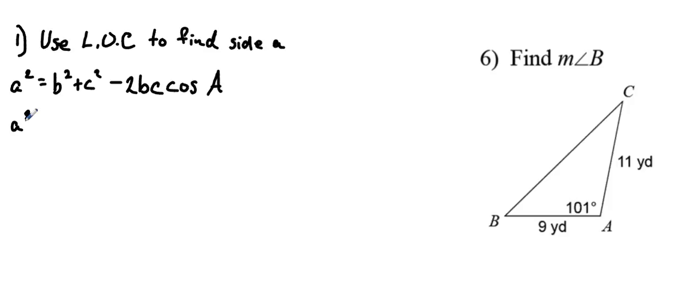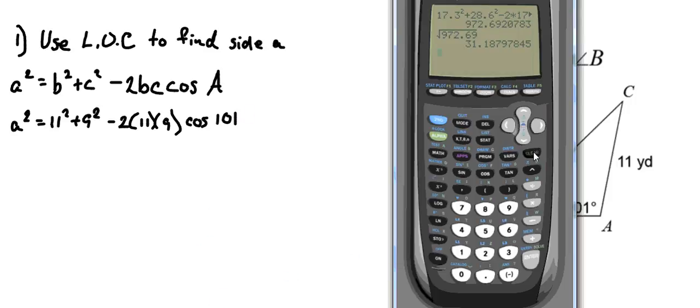So A squared equals 11 squared plus 9 squared minus 2 times 11 times 9 times the cosine of 101. So let's plug that in. So 11 squared plus 9 squared minus 2 times 11 times 9 cosine 101.